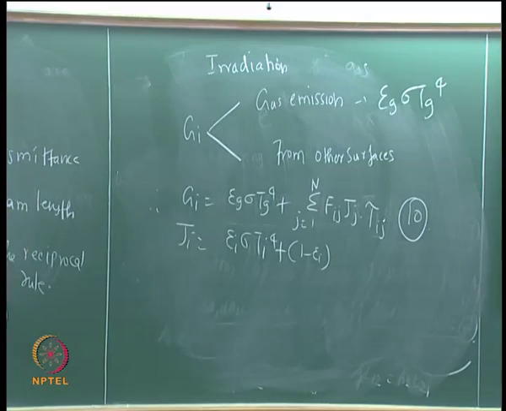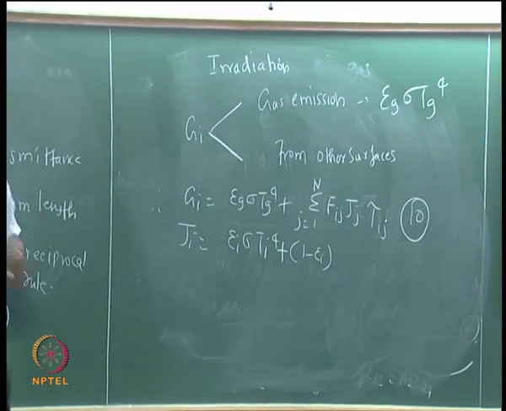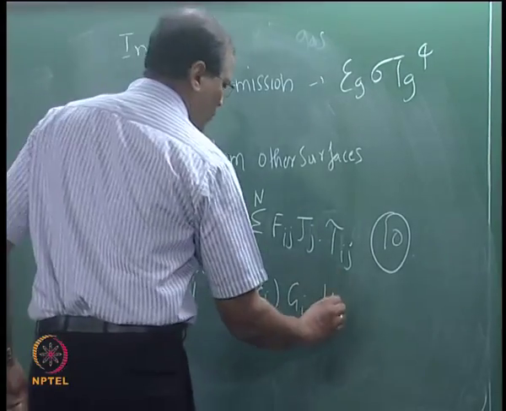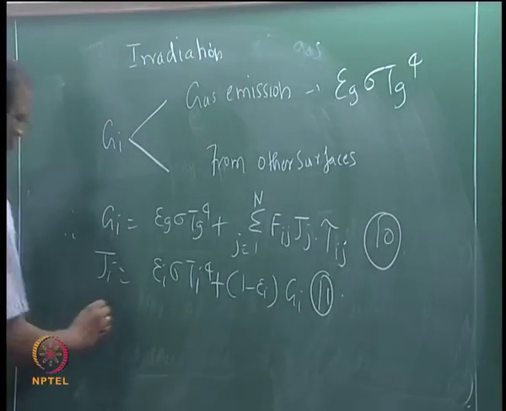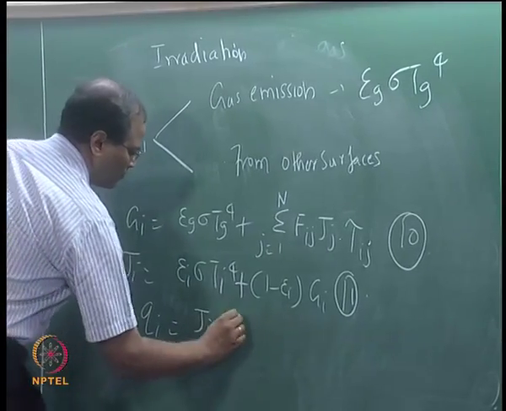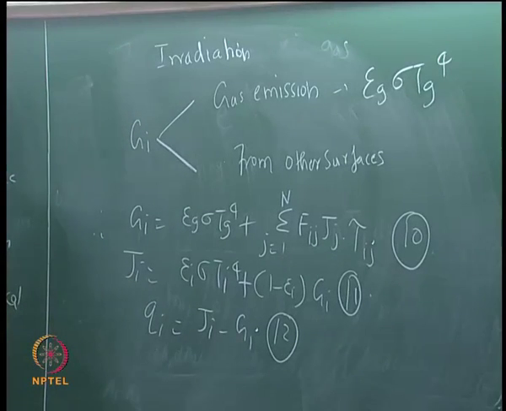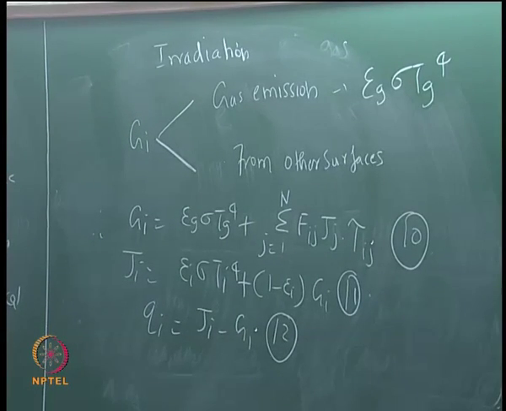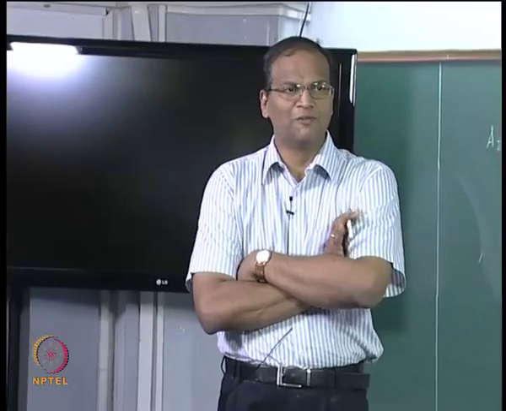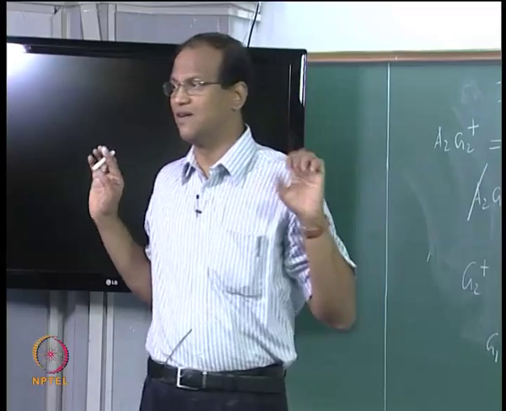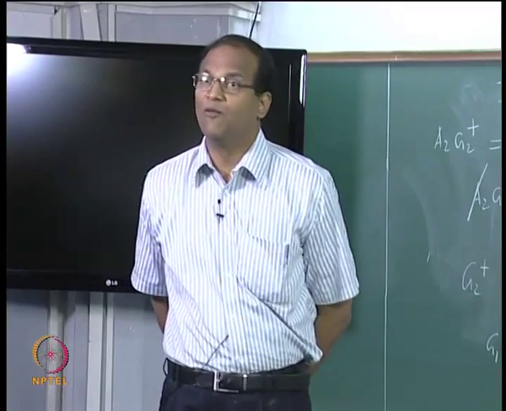one minus epsilon i Gi, correct? So the formulation is exactly the same as before, except that the irradiation has some extra terms, one extra term and one modified term.